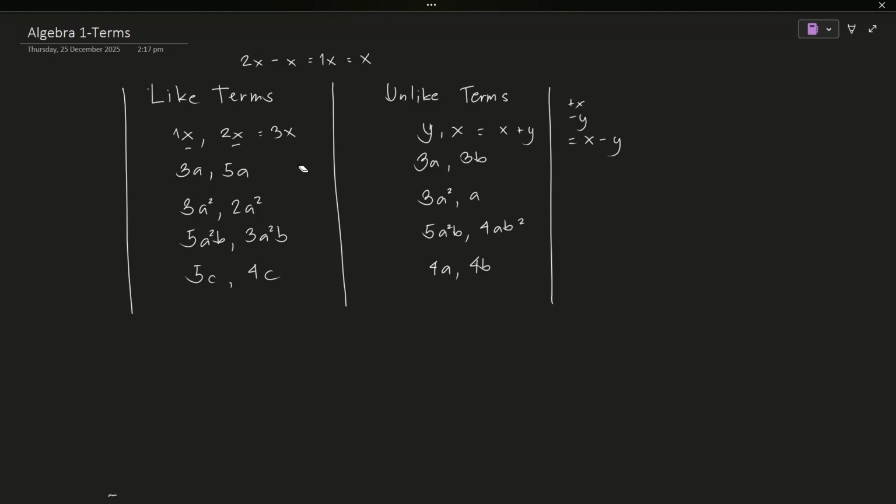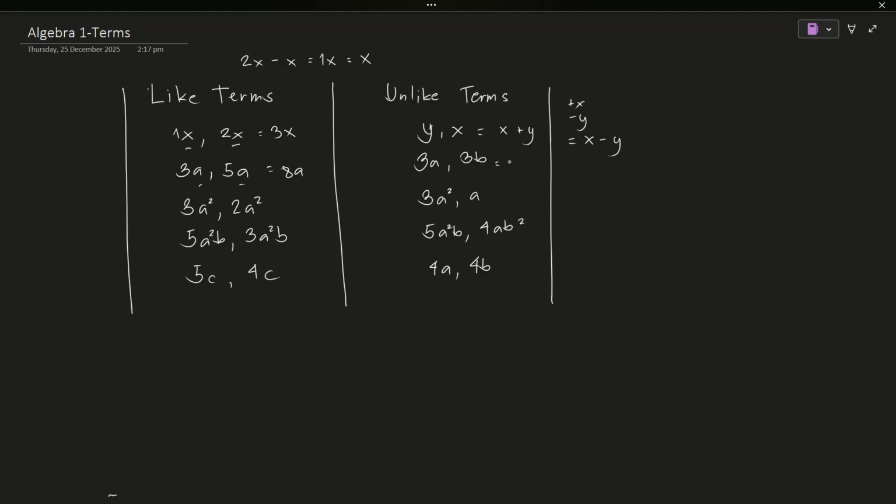Okay? So another example we have here 3a plus 5a. So they are like terms because they both have a and only a. So if we add them, it becomes 3 plus 5, so 8. And let's just copy the term, which is a. On the other hand, we have 3a and 3b.